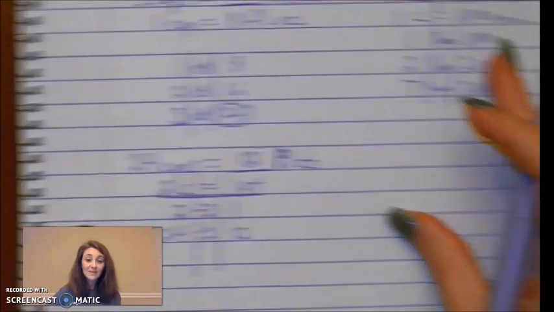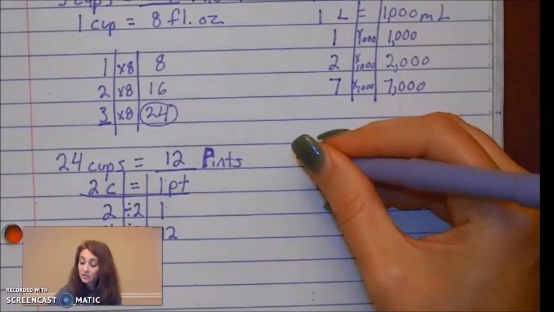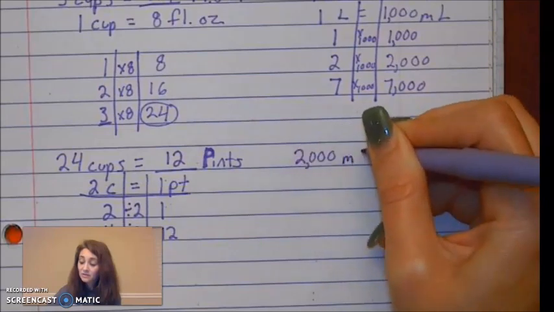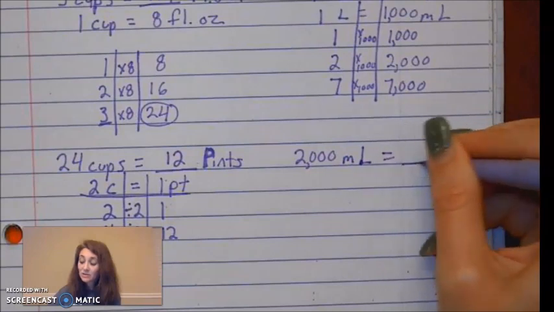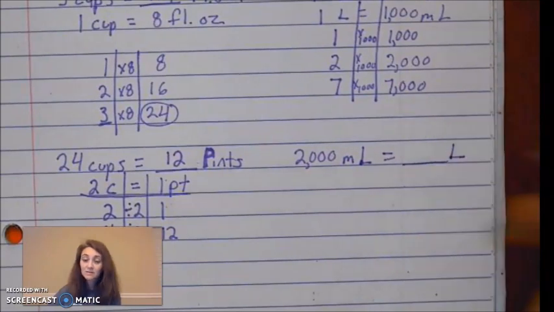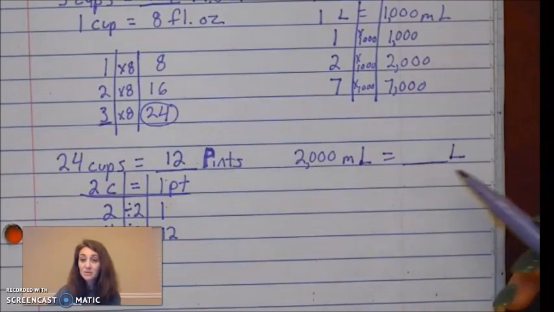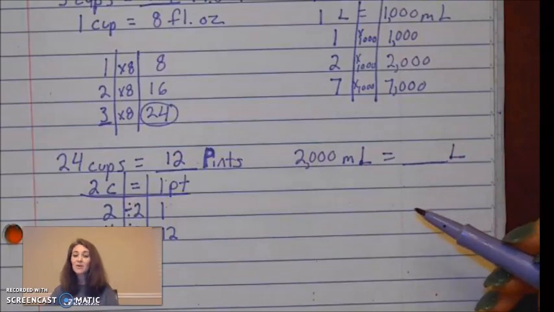You can do the same thing in the metric system. If you had 2,000 milliliters and you were going to see how many liters it was, we're going from small milliliters to big liters. If I look at my mathematics chart, I keep calling it a mathematics chart.